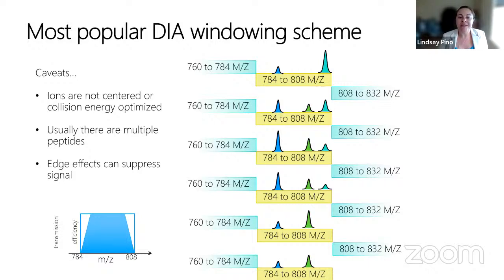For staggered window DIA, you can use computational algorithms that will deconvolve the stagger so you get twice as narrow windows. We can talk more about that if people are curious. That's getting a little more into the weeds of a very specific flavor of this popular DIA scheme.